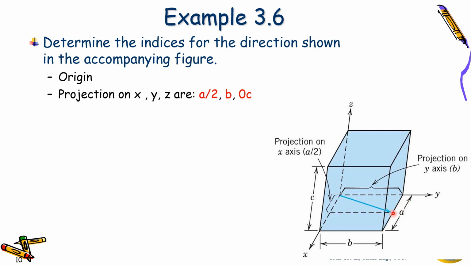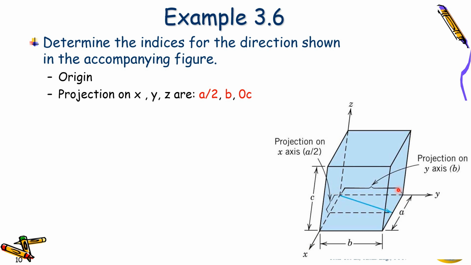Step 2, projection: this point needs to be projected onto the x-axis, y-axis, and z-axis. So let's project this vector to the x-axis. It's here, which is about half of a. And how about b? You do the projection to the y-axis.